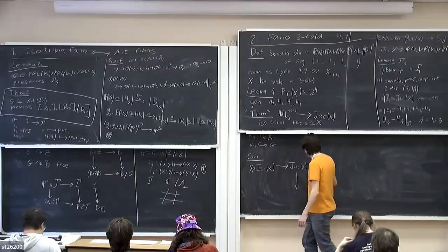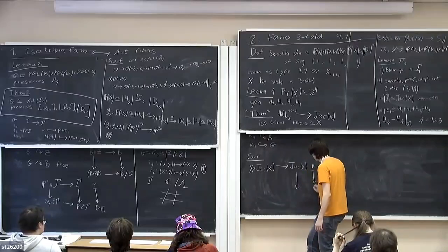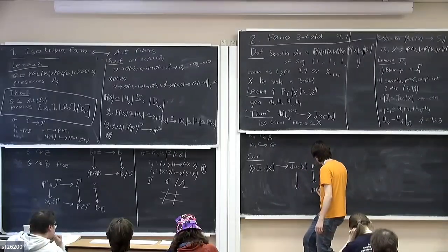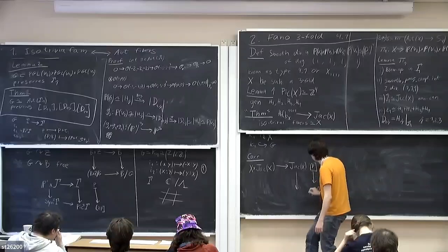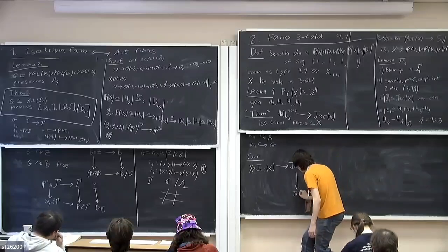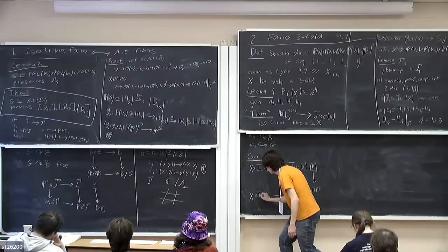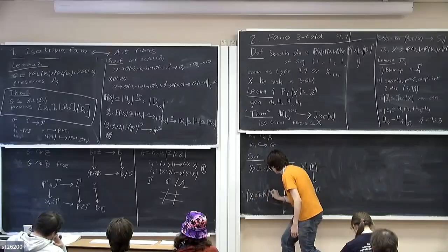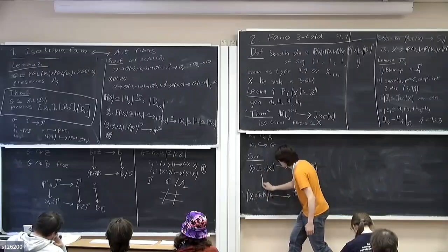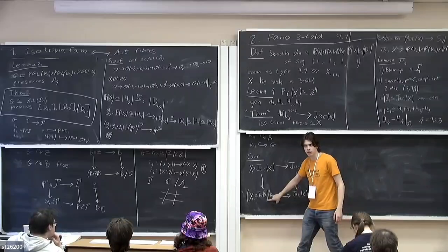And here we take the map which takes P and maps it to the class 2P. So this is the class X. And here we take the quotient of X times the intermediate Jacobian of X by the Klein-4 group. And this gives some isotrivial family.